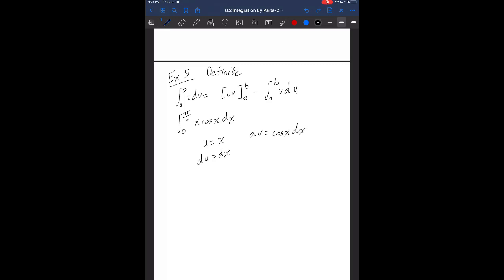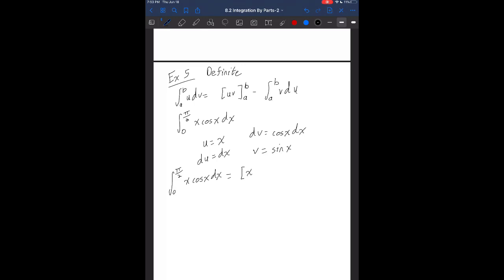The integral of cosine of x is positive sine of x. So v is sine of x. So evaluating this integral from 0 to pi over 2 of x cosine of x dx is equal to, looking above, u times v evaluated from a to b.